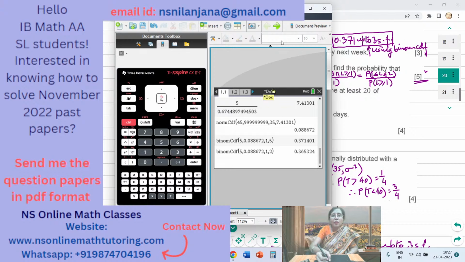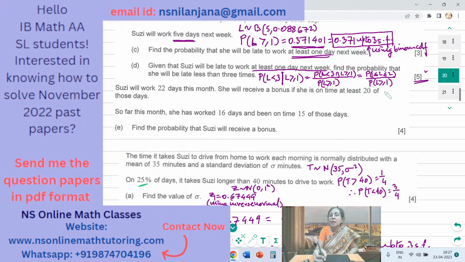It is 0.365324. So this is equal to 0.365324 over 0.371401.